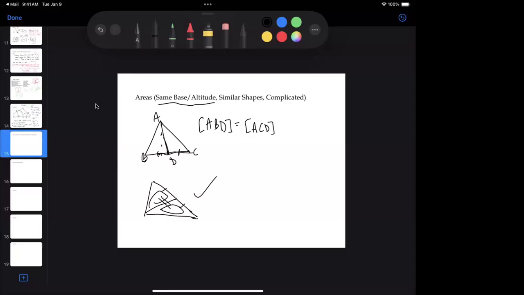And then let's see, similar shapes. Sometimes you'll get the midline of a triangle, and these are all parallel. So this is parallel to this, and this is parallel to this. So this interior triangle has area 1/4 of the whole big triangle.